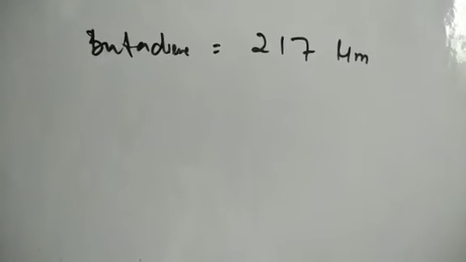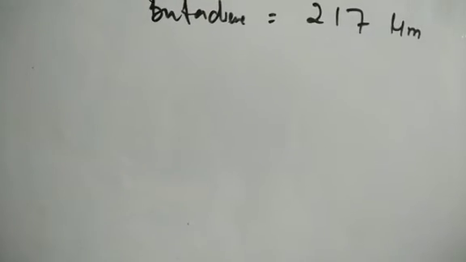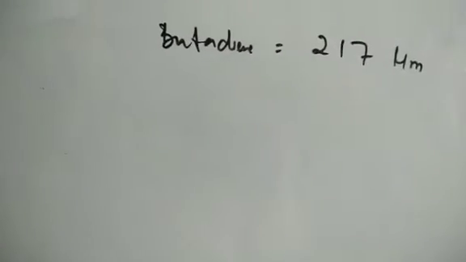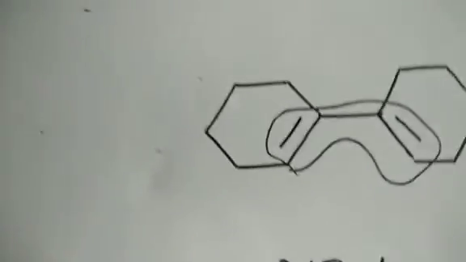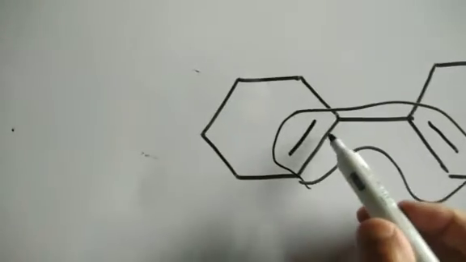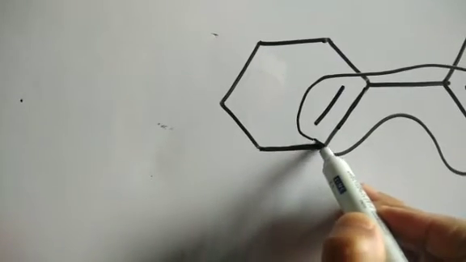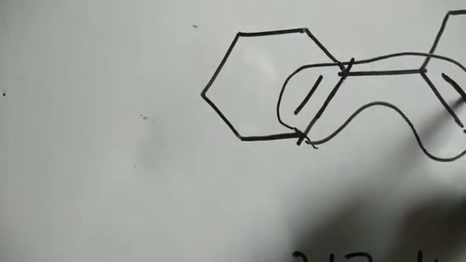Now the important question is the ring system, the types of rings we have. It is not exocyclic. Now this ring on this double bond is considered to be one substituent, this is another substituent, this double bond attached here is another substituent, and this is another substituent.